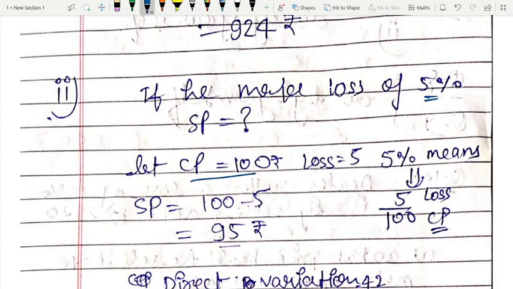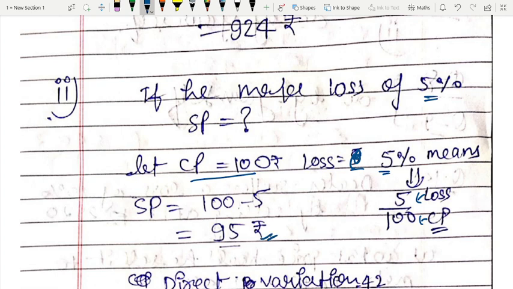Now the second part: if we make a loss of 5%, if the cost price is 100 rupees, the loss is 5%, which means 5 upon 100. So the loss is 5 and the cost price is 100. So the selling price will be 95 rupees for the assumed cost price.